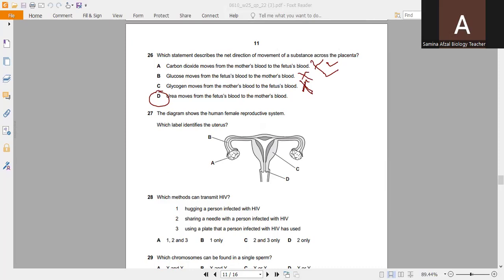The diagram shows the human female reproductive system. Which label identifies the uterus?